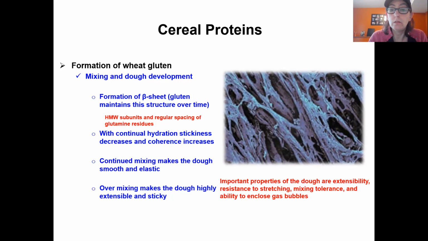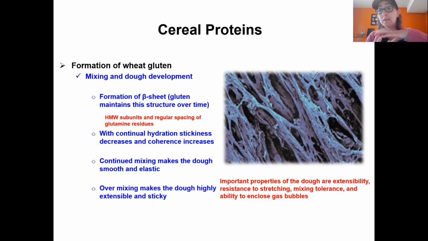So the wheat-based dough is very characteristic in the sense that you have the elasticity and you also have extensibility. So you have a nice balance. You can extend the dough, but it doesn't break very easily, and it maintains its strength and coherence.